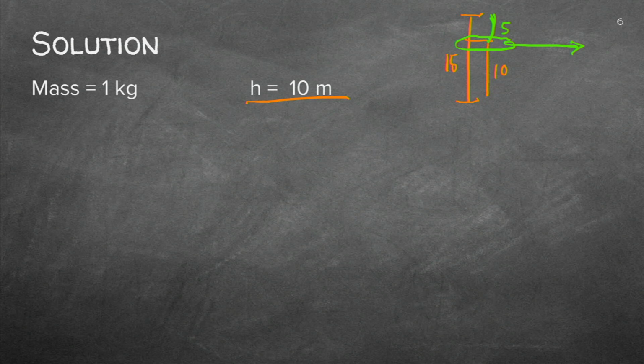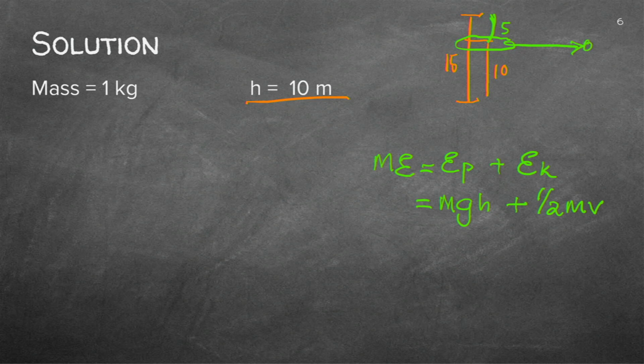Well, let's see. Mechanical energy again is the potential energy plus the kinetic energy. The potential energy is mgh, and I've got all 3 of those values, but I do not have the velocity at that point. So we'll have to calculate the velocity.